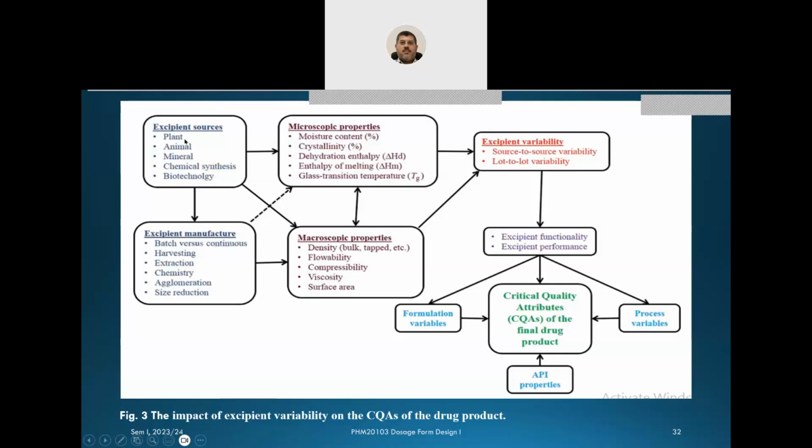For example, magnesium stearate or stearic acid may be taken from plants, some of vegetable origin, and some suppliers will produce it from animals, including pork, okay, including porcine origin from the pigs. Okay, so some materials may be natural and some materials may be synthetic, like alcohol.